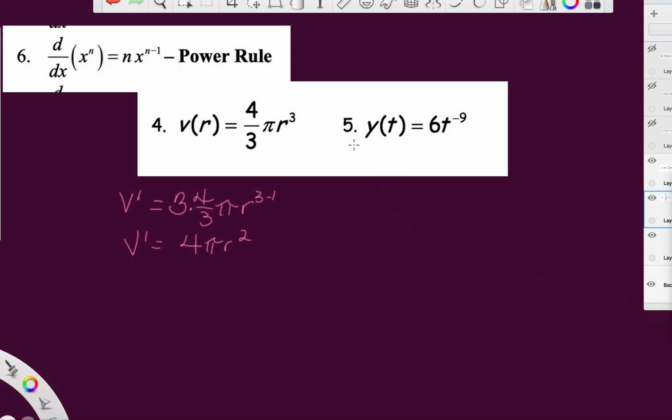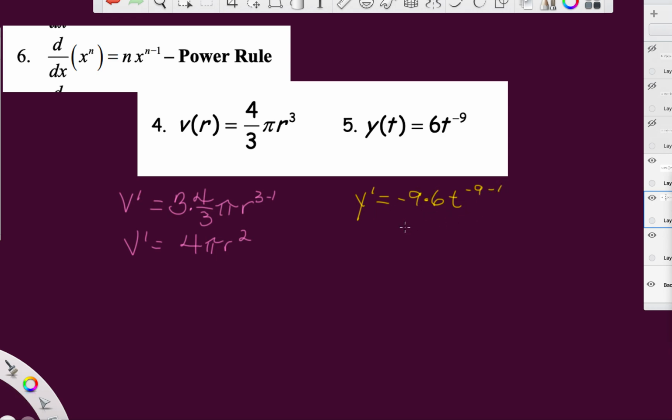That's right here. We're going to talk about it in terms of time, or t, whatever t stands for in physics. So we're going to say y prime is equal to, and we're going to throw that -9 out front, -9 times 6t to the -9 minus 1.